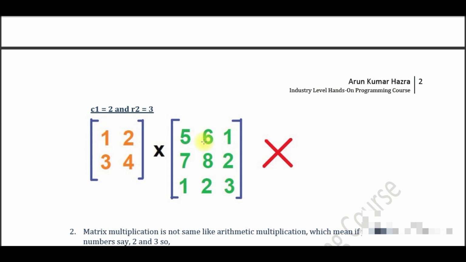So we have to consider this before doing any matrix multiplication, whether in normal traditional calculation with pen and paper or in Java programming. This is the first consideration: the column count of the first matrix and the row count of the second matrix should be the same.